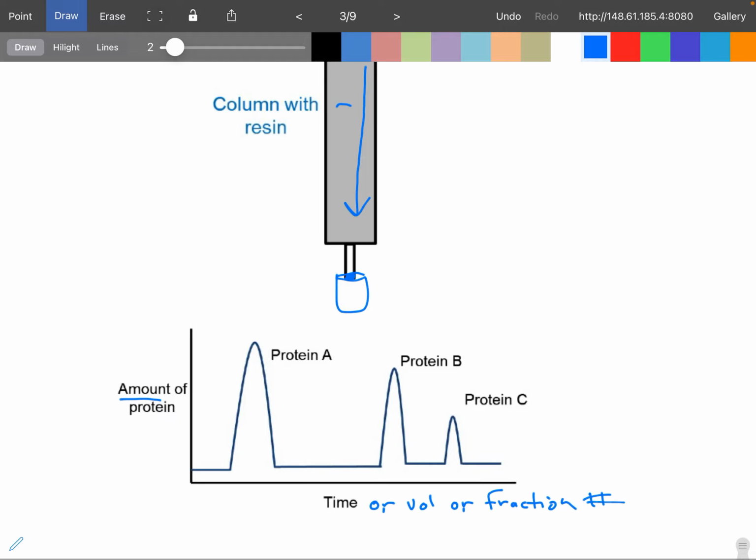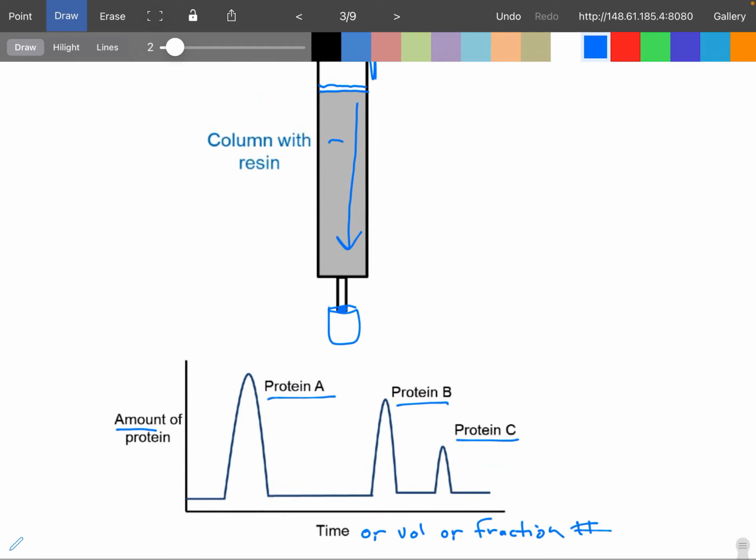And so in this example, protein A elutes from this column first with the least amount of time. Then protein B is in the middle, and protein C elutes from here at the longest time point, the highest fraction number. And that means that protein C was interacting more so with the column or was adhered to the column or something like that, whereas protein A flowed right on through, perhaps had minimal interactions with the column.